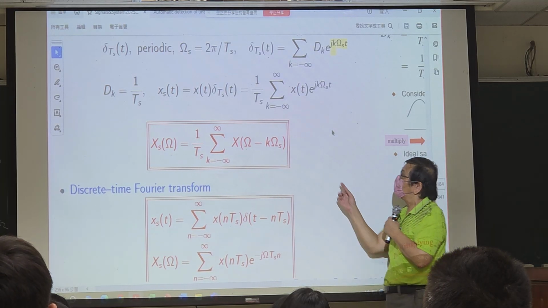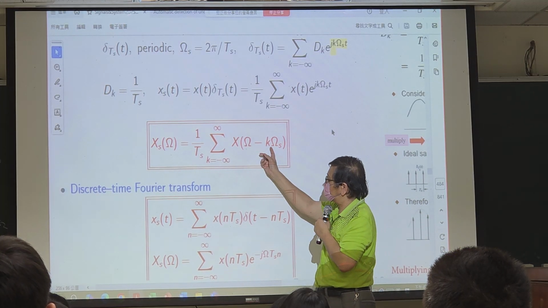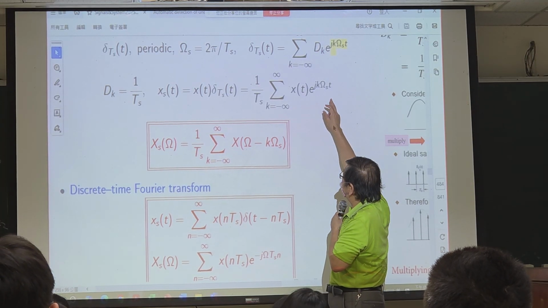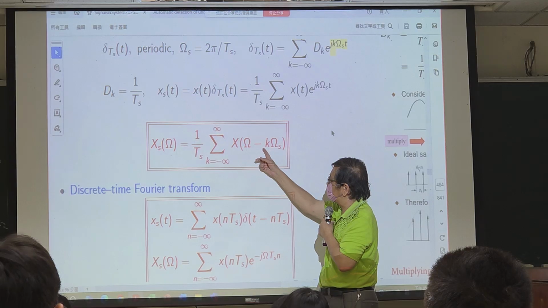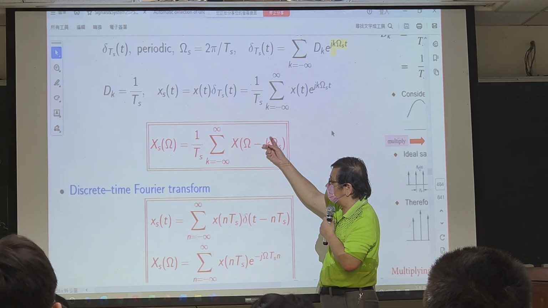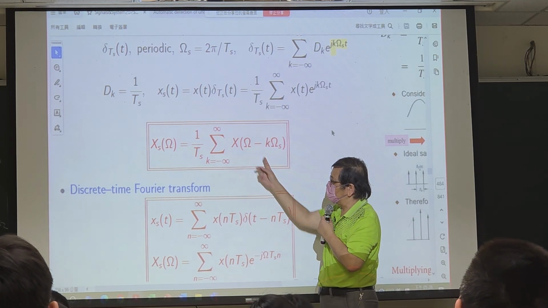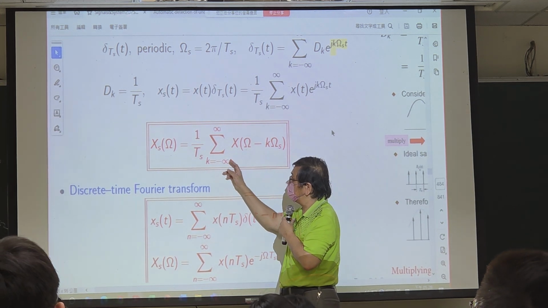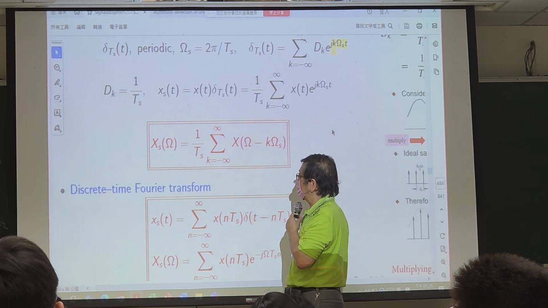Each frequency will have a frequency shift: x of t times e to the j k omega sub s. Then it has a frequency shift of k times omega sub s in the frequency domain, and k goes from negative infinity to positive infinity.